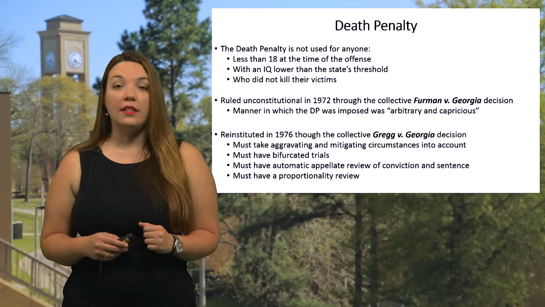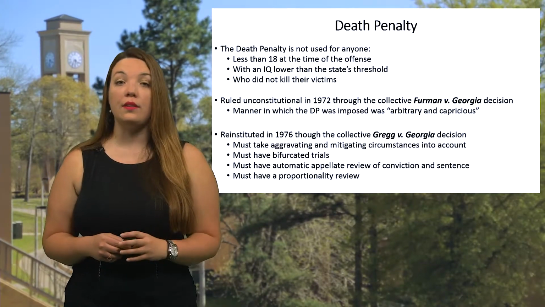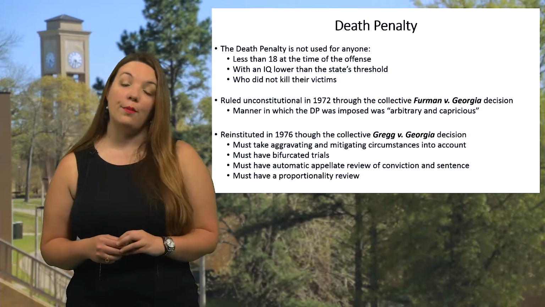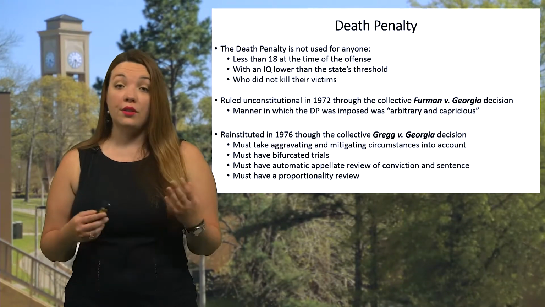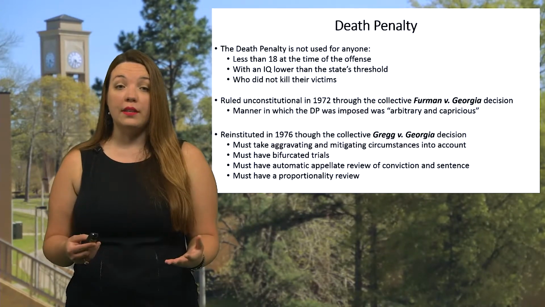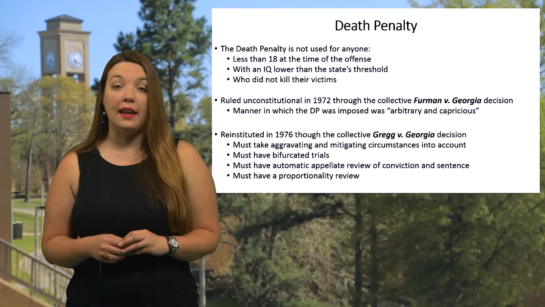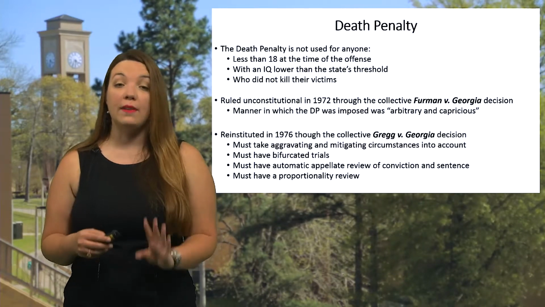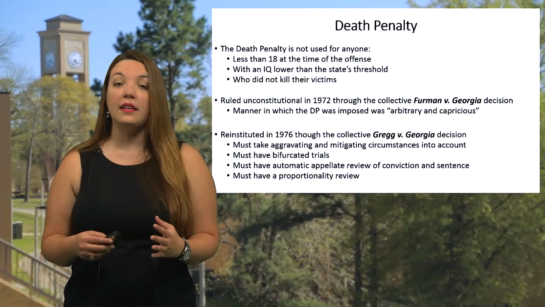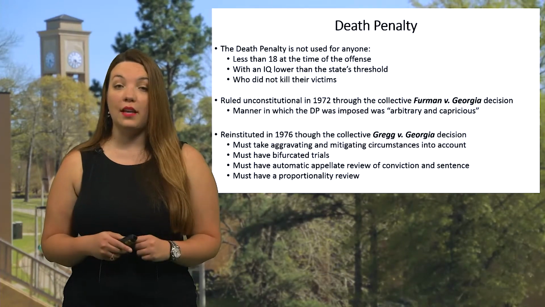As you can imagine, states that wanted to continue to use the death penalty were upset by this ruling and started scrambling to reform their death penalty regulations so that they could continue the practice. States were still wanting to use the death penalty, but the Supreme Court said until you fix the system, you cannot use it. You need to include some safeguards that protect individuals who are subjected to the death penalty.